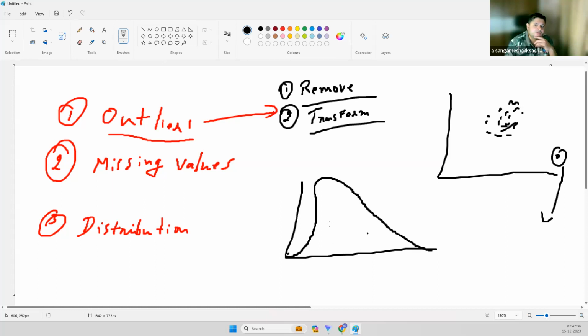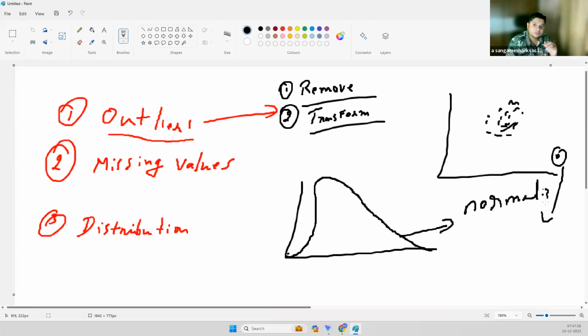In those kinds of scenarios, we do something called transformation. What is that particular transformation? We do something called normalization. Please take a note of it, because these are very important.